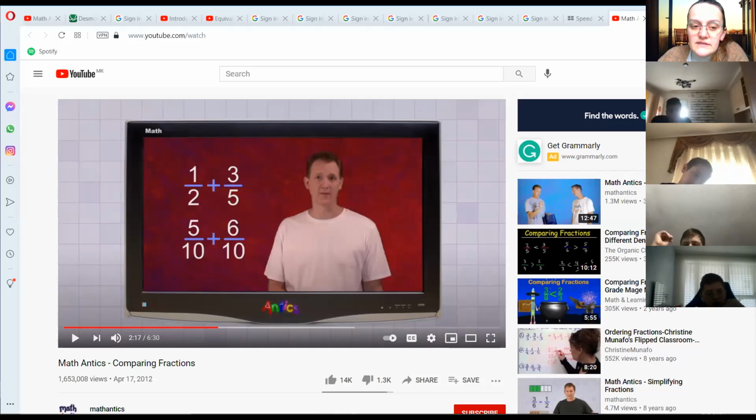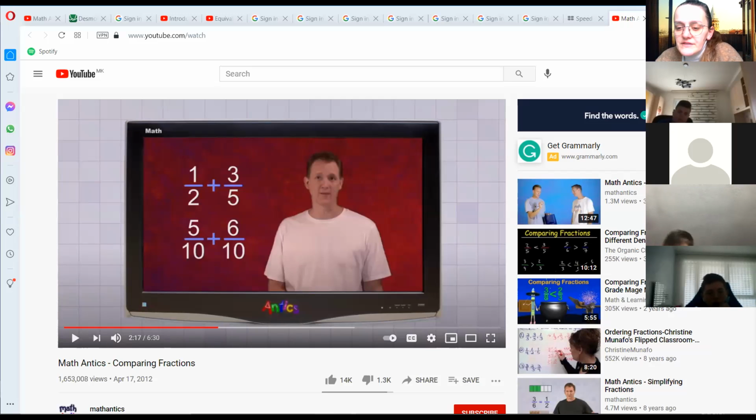In the second one, again I have the same rectangle. Again, it is divided into 5 parts, but here 2 of them are shaded or colored. So which one is bigger, has more? The first one, yes? 3 out of 5 is bigger than 2 out of 5. Did you understand this one?